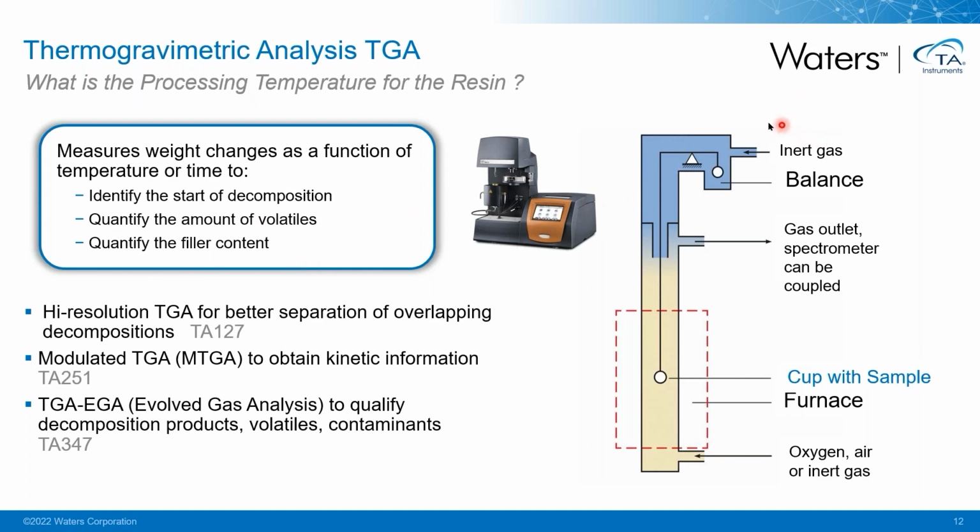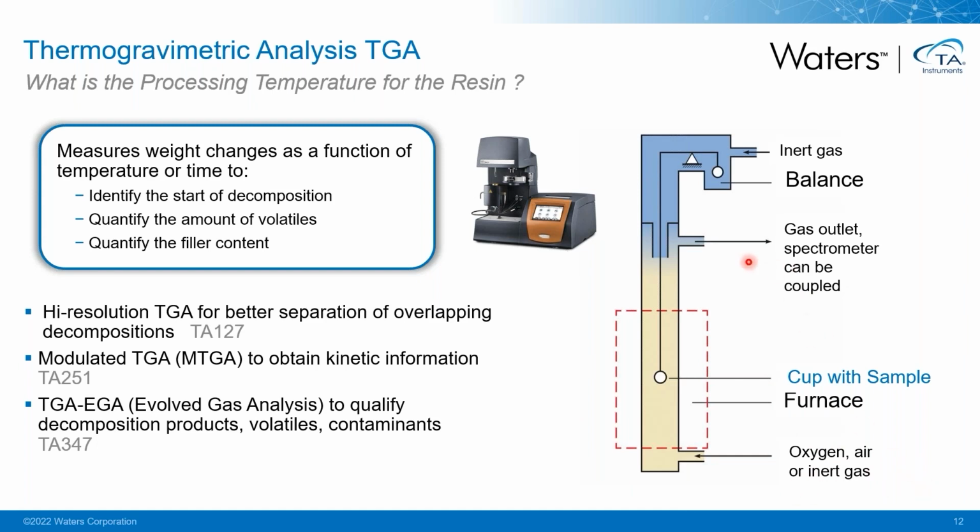In a TGA, we have a highly sensitive balance to measure the mass of the sample. The sample is sitting in a furnace to control the temperature, and during the test, we are going to purge this furnace with an oxidative purge gas or an inert gas.